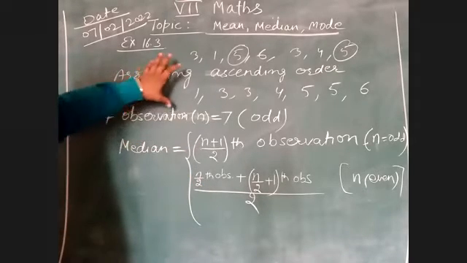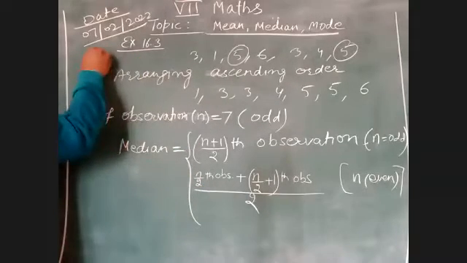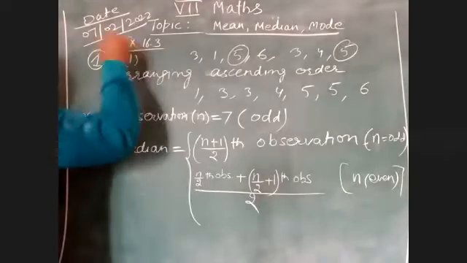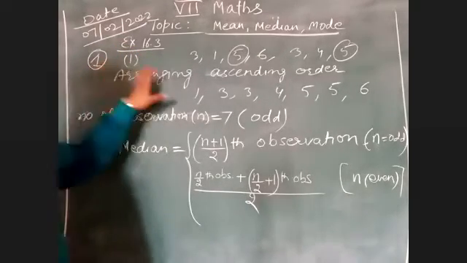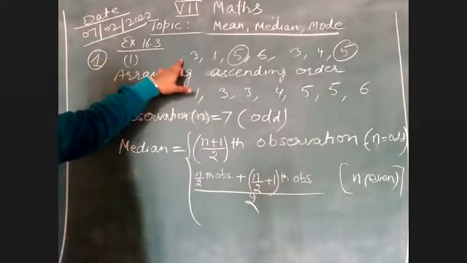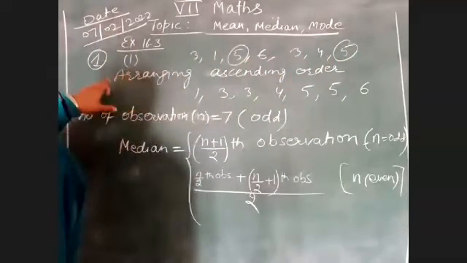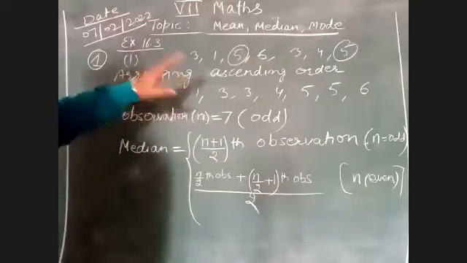Now this is your first question from exercise 16.3, the first part of the first question. First of all, this is the statement in which data is written. We have to arrange the data in ascending order.